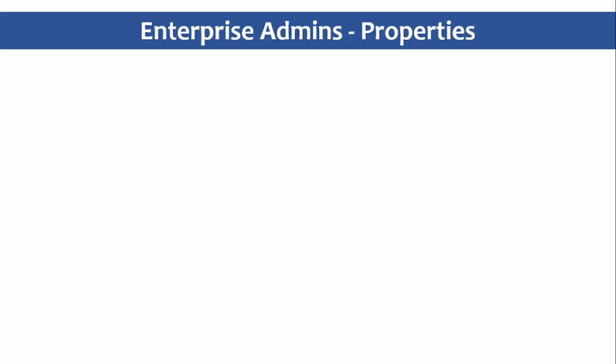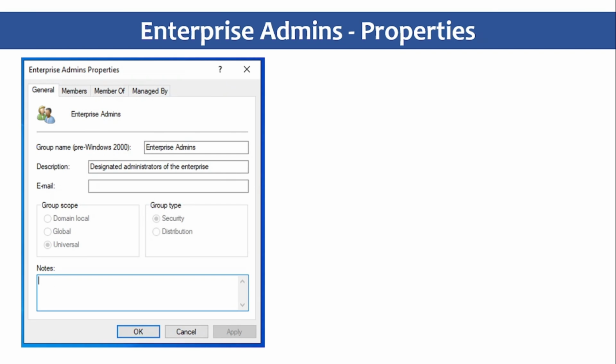So here are the properties of enterprise admins. If you see under the general tab, the scope is universal and it's grayed out again, so we cannot change the scope of this built-in group.